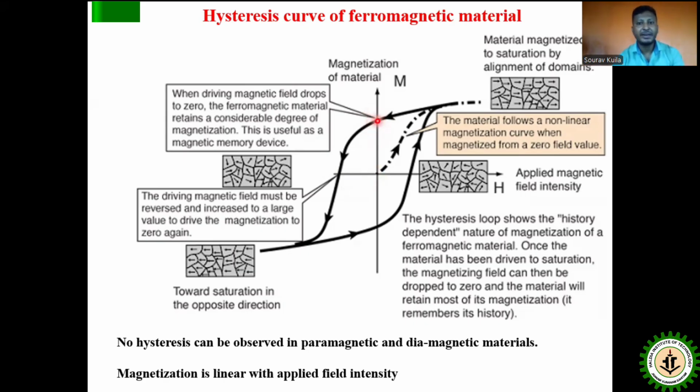That means the memory is still there when you switch off. In the application of zero magnetic field, there is retention of some memory. So this property is used in magnetic random access memory devices.